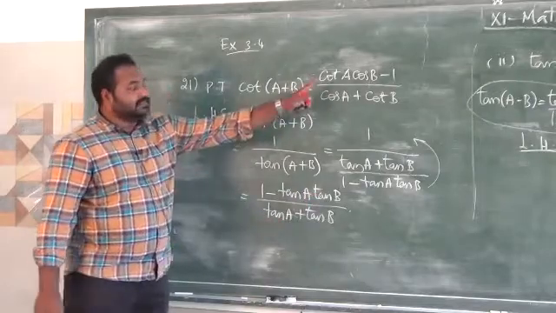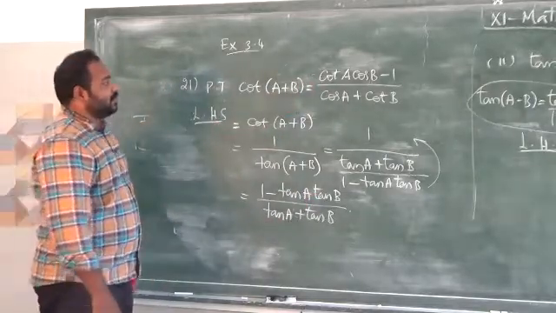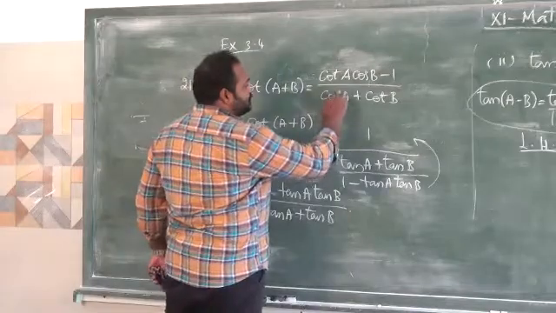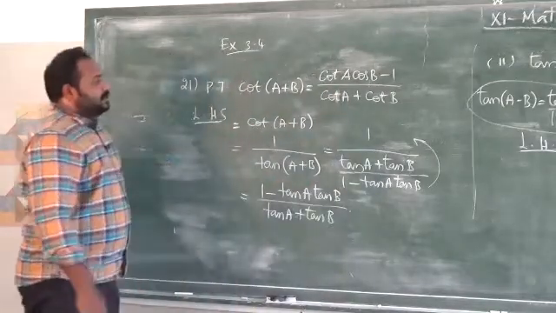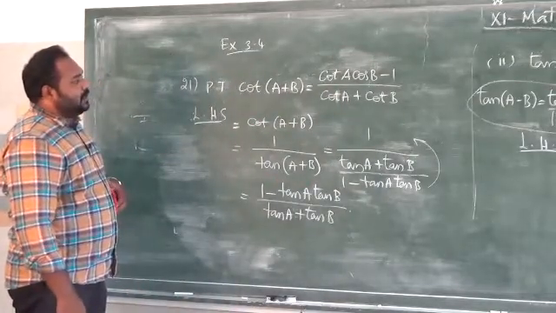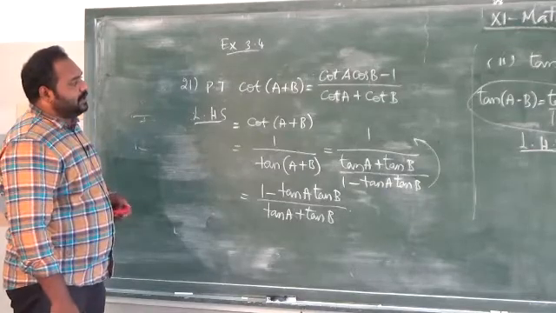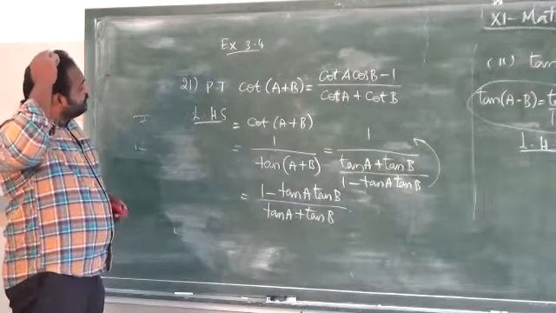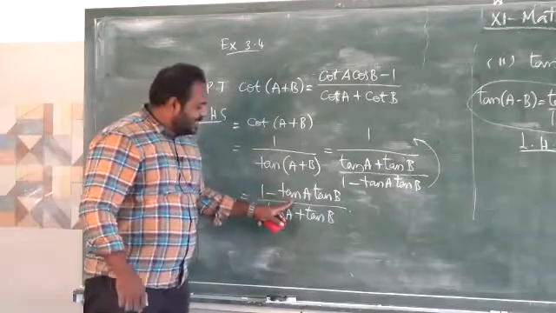Here we have to bring the answer as cot A cot B minus 1 by cot A plus cot B. Okay, here how can we change tan into cot?